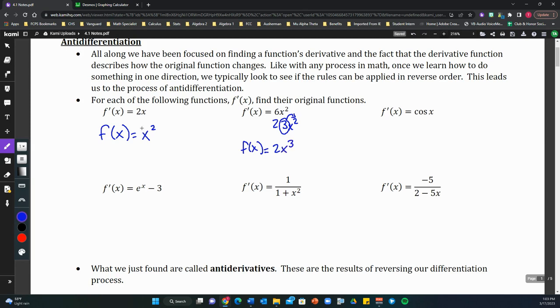The best part about this, as we're doing this trial and error process right now: if you're not sure if your guess is the correct answer, then we could always just take the derivative and go in the normal direction that we always have. That's the best part about this. And again, this isn't the first time that you have seen this relationship with going in one order and another.